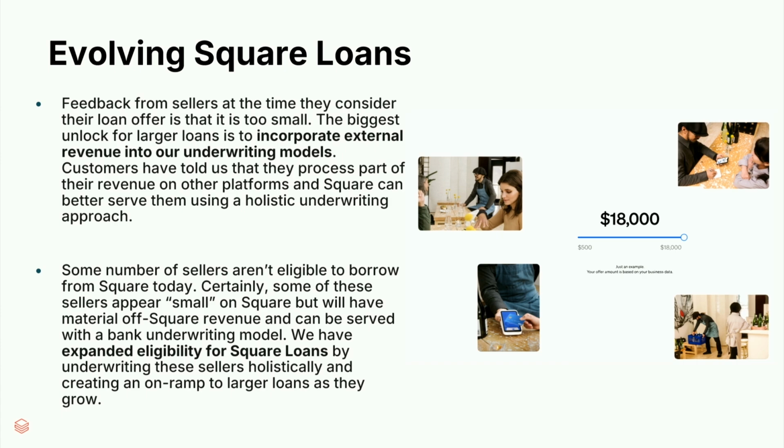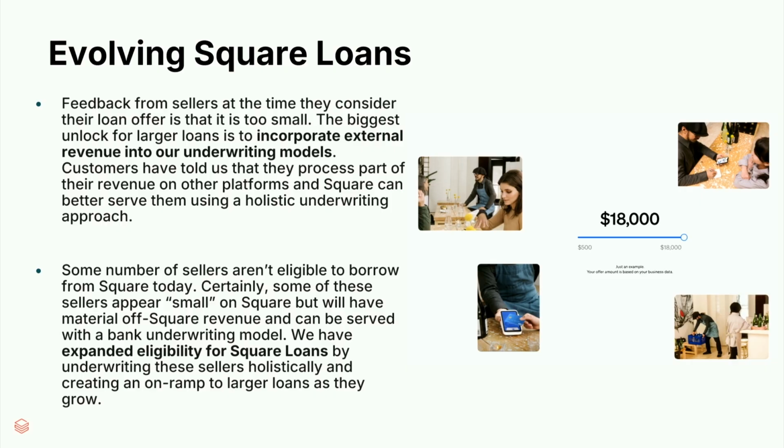As you may know, many of the sellers don't just work on Square. They might have an e-commerce store that they're on Shopify with. They might do B2B processing. They might do something on the side. So just because we see your data on Square doesn't mean that we know your entire business. And on the flip side, as a small business owner, you like to think of your business as a whole, right?